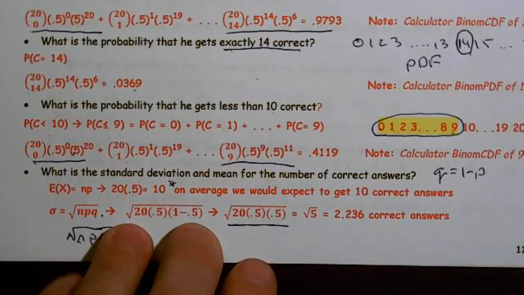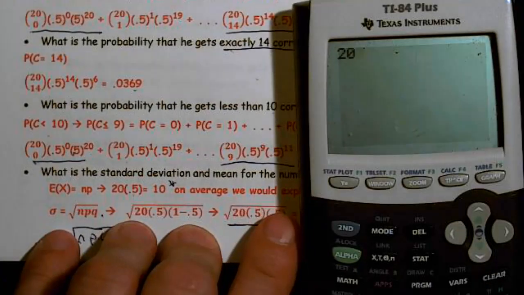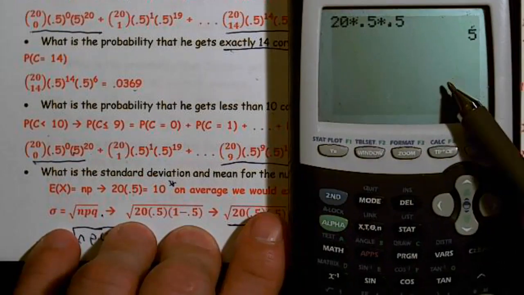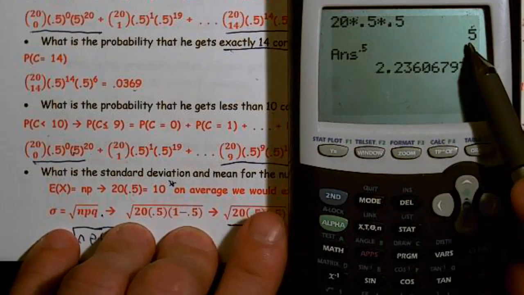Then I need to calculate it. All right, so here we go. 20 times 0.5 times 0.5. I like doing square roots this way. I like using this button right here because after I've done the work, caret 0.5, raising it to the half power, I find that I make fewer errors.